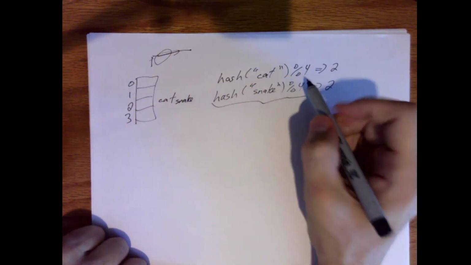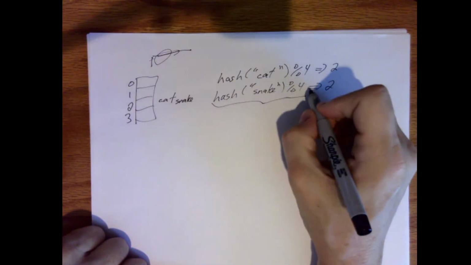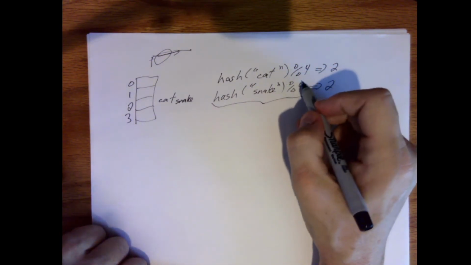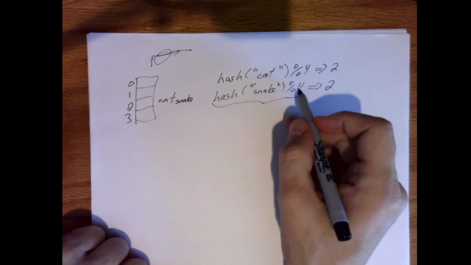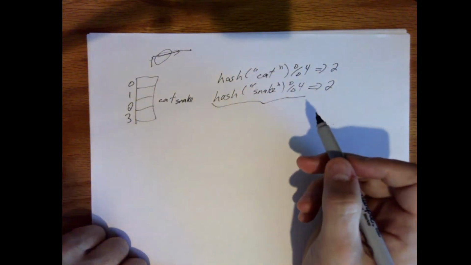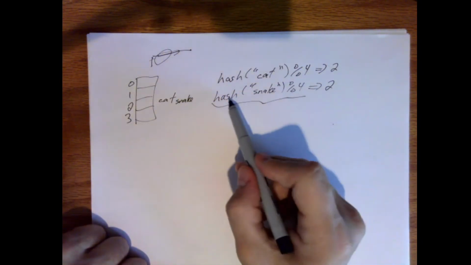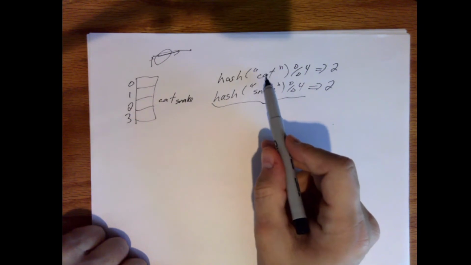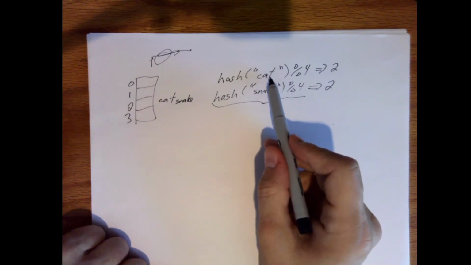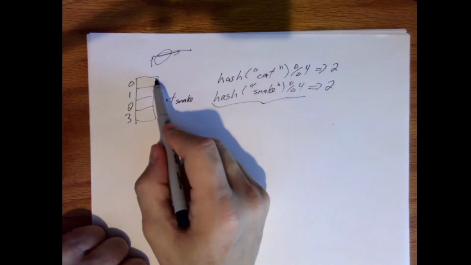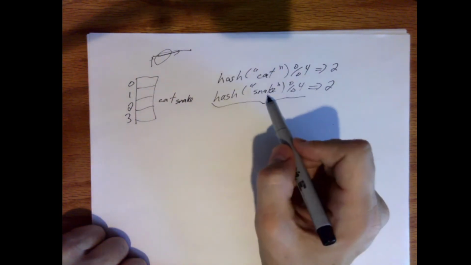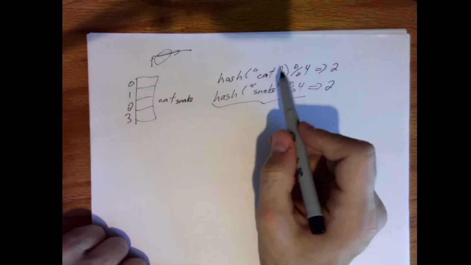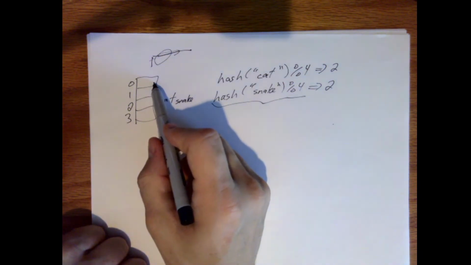Well, it could be that the part before the modulus 4 is the same, or it could just be that after the mod 4, it basically wraps around. So as we saw, if hash of cat was 0, then mod 4 is still 0. But if hash of snake was 4, 4 mod 4 is also 0.